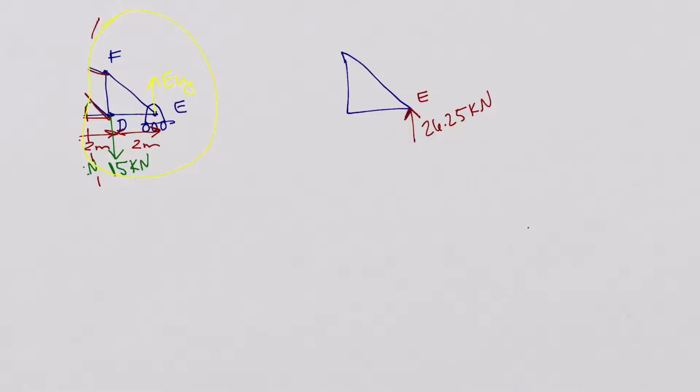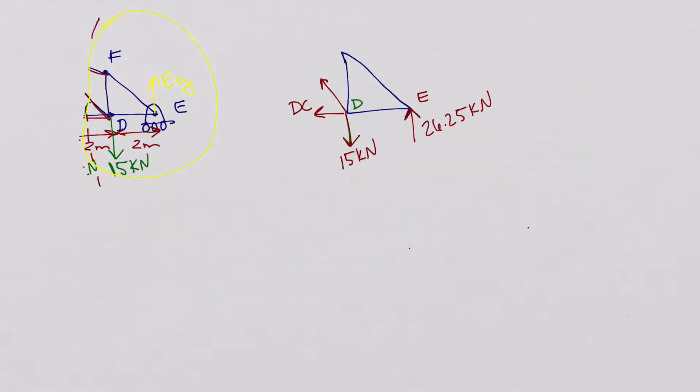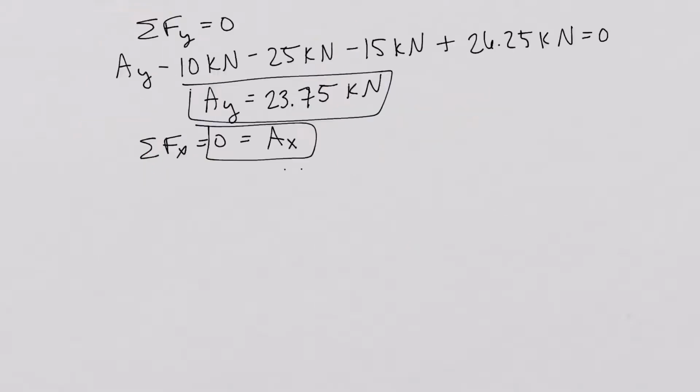And at D, we have 15 kilonewtons. We also have this force here, which is going from D to C. We have this force here, which is D to G. And then we have this force here, which is F to G, I believe.